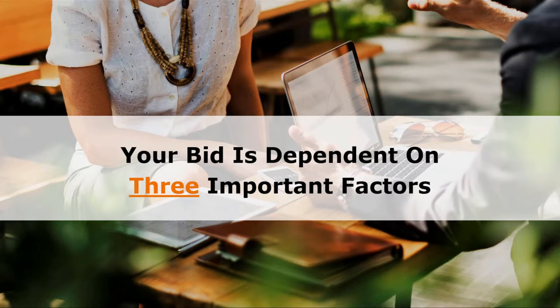There is no fixed rule when it comes to the bid amount you should be paying for your clicks. At the end of the day, your bid is dependent on three important factors, which are the type of campaign you're aiming for, the cost of your keywords, and the success rate of your keywords.